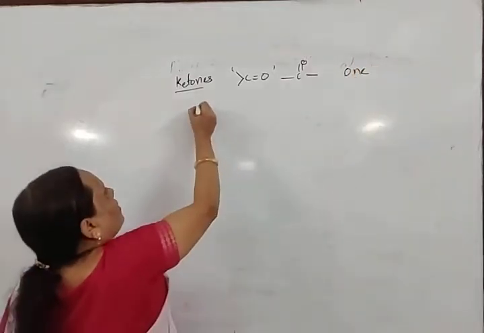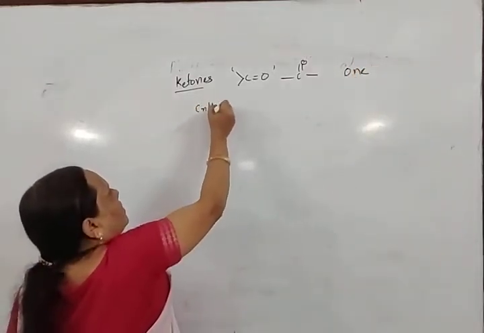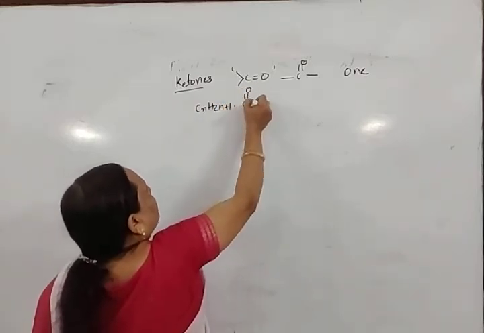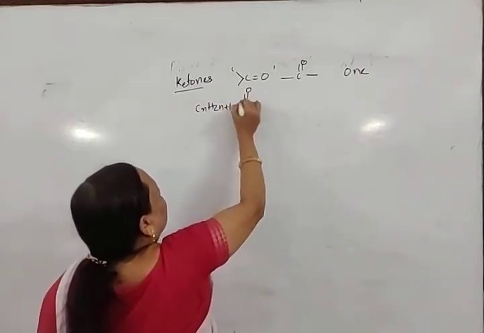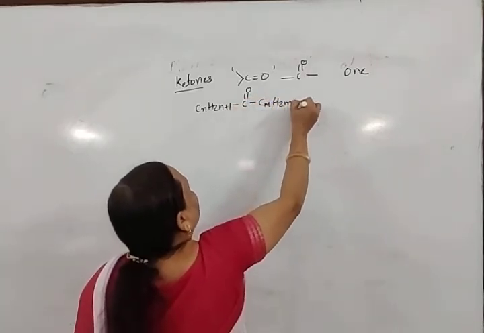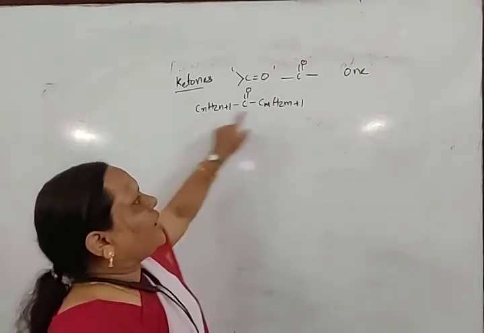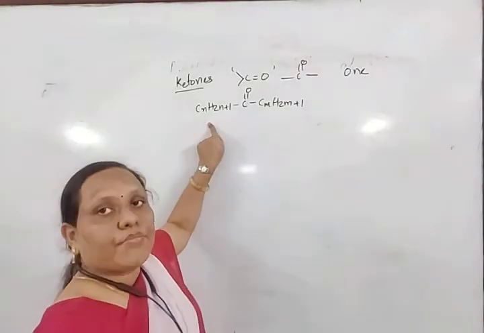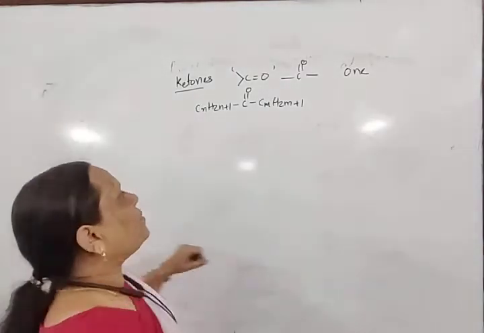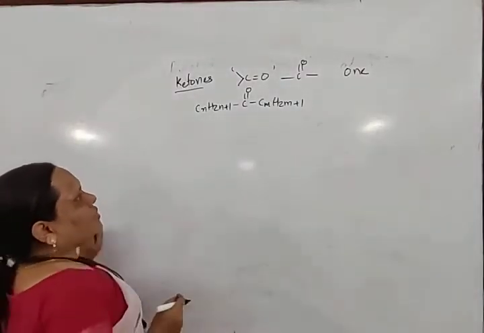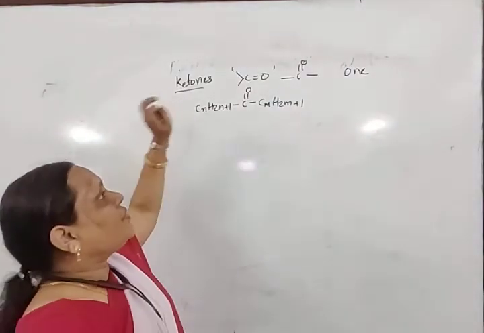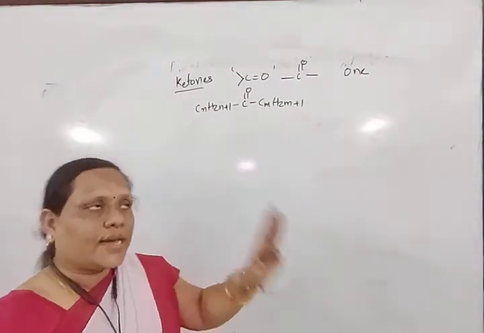We can write CnH2n+1, then C double bond O, and again CmH2m+1. Both m and n may or may not be equal. A ketone contains at least 3 carbon atoms.